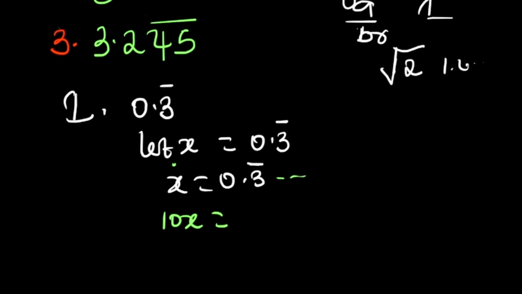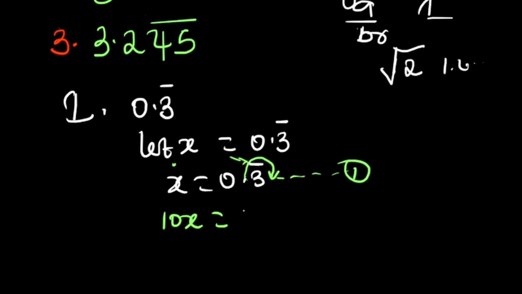Okay, let me call this our equation 1, okay? Now, this gives you 10x. When you multiply this repeating decimal by 10, you have to move the decimal point one place backwards, okay? So once this decimal point crosses the repeating decimal, that bar on top, you can see that there is a bar here, it disappears.